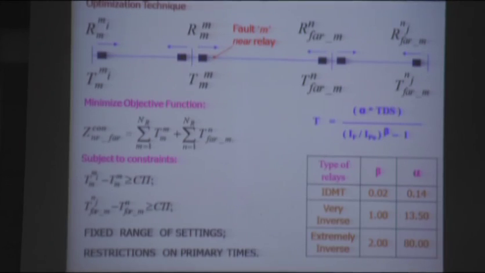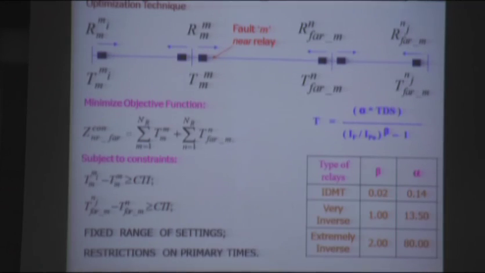And then all the operating times, primary operating time and backup operating time, are added in a mathematical equation for each such fault and added together under these constraints. For example, TMMI minus TMMM should be greater than some time interval by which the backup relay should act slightly delayed.